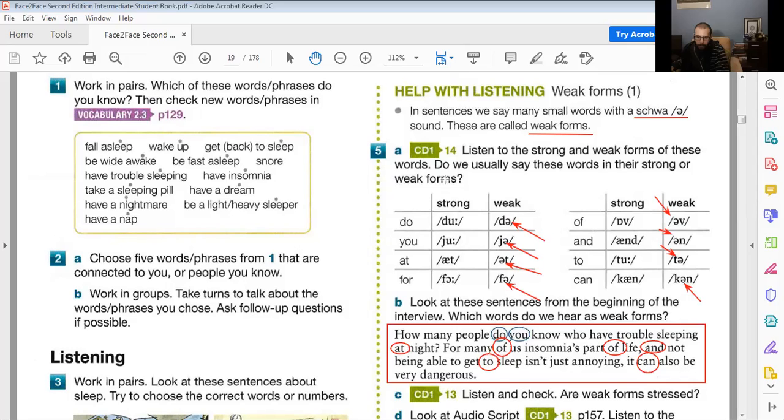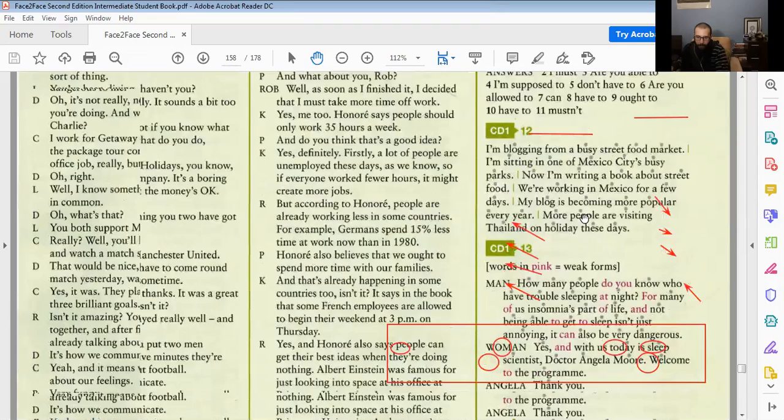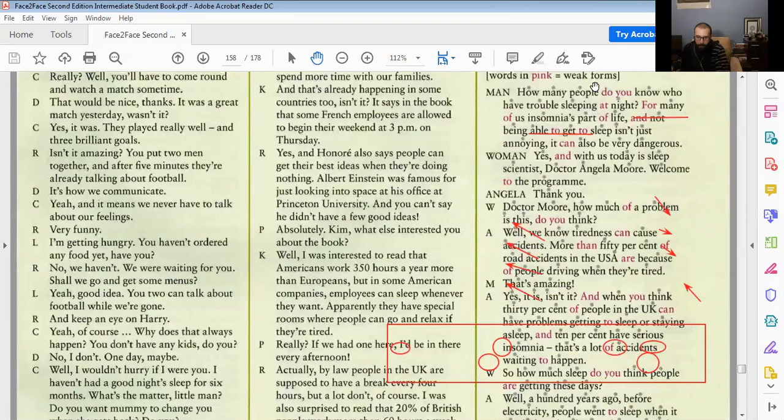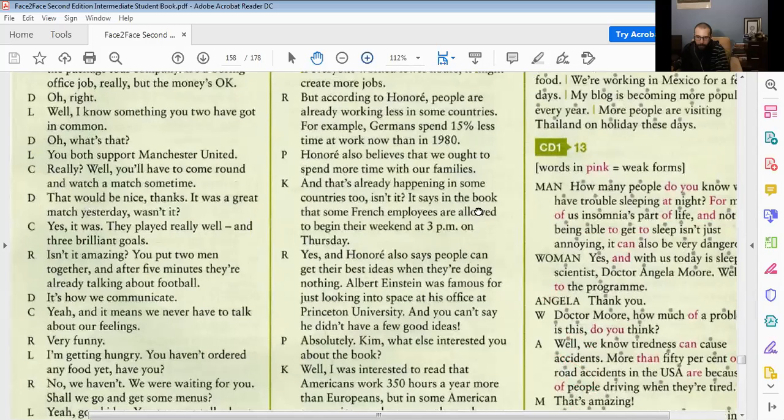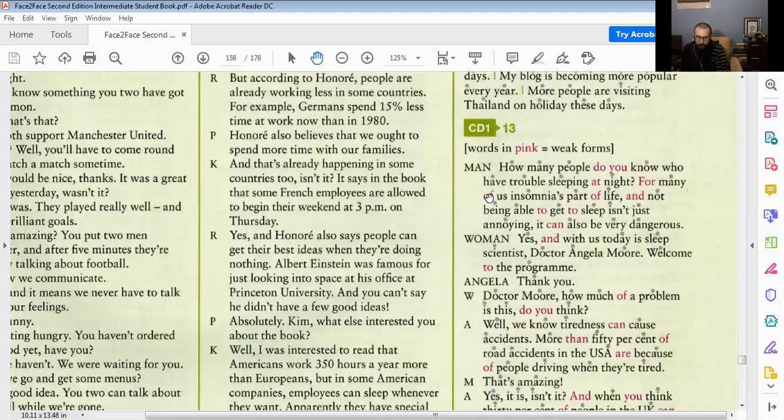Okay, let's confirm this. Let's see if that's right. Let me take you to the script and see if you're right about this. Here it is. Can you see it? Let me zoom in a little bit and put it in a box.